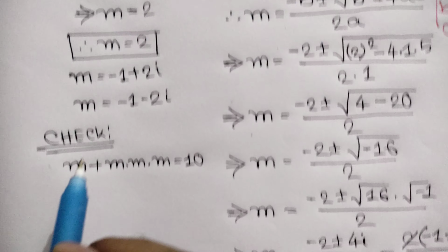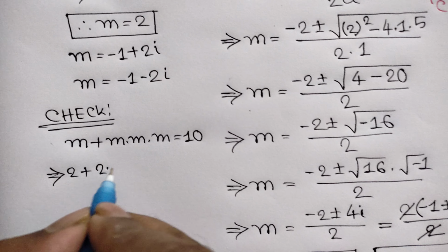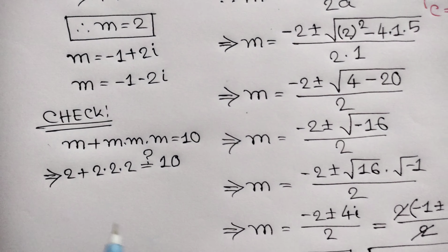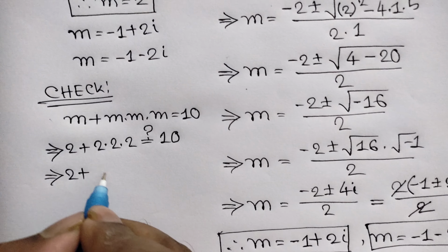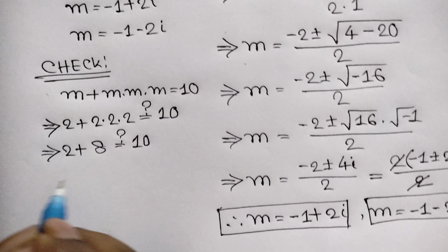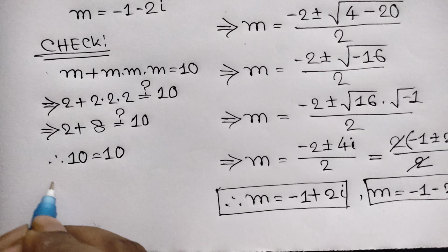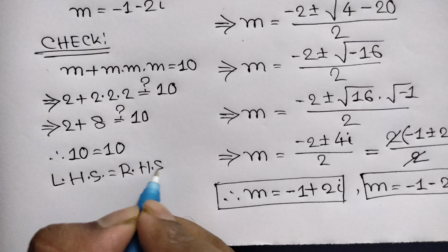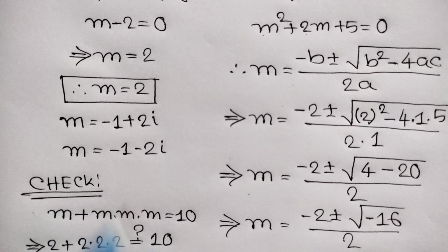Here m is equal to 2, so we can write here 2 plus 2 times 2 times 2, is it equal to 10, or 2 plus 2 times 2 is 4, 4 times 2 is 8, is it equal to 10. Now we know that 8 plus 2 is equal to 10, so 10 is equal to 10. So left hand side is equal to right hand side. So here m is equal to 2 is correct.